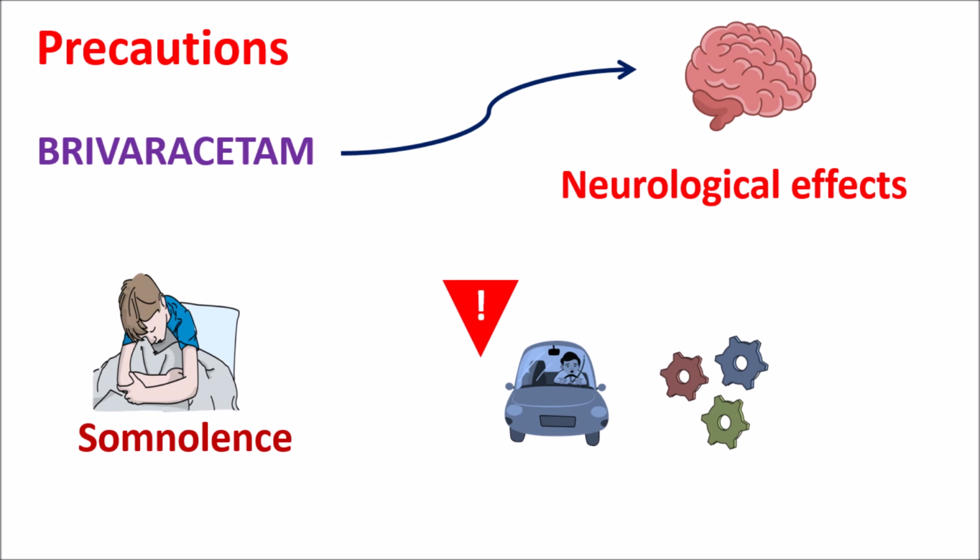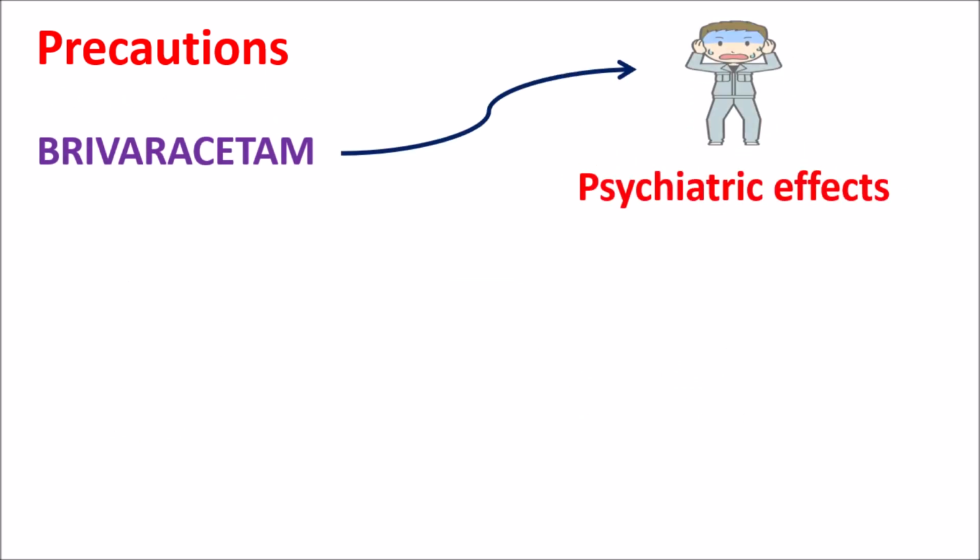This is one of the important precautions with use of brivaracetam for controlling partial onset seizures. So any development of neurological effects should be carefully observed. In case of severe neurological symptoms like hallucinations and severe lightheadedness, in such conditions, this drug should be carefully used. Second important precaution is that this drug can also produce psychiatric effects.